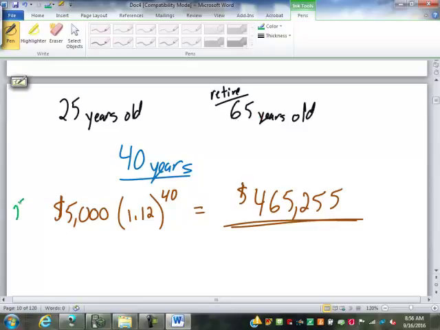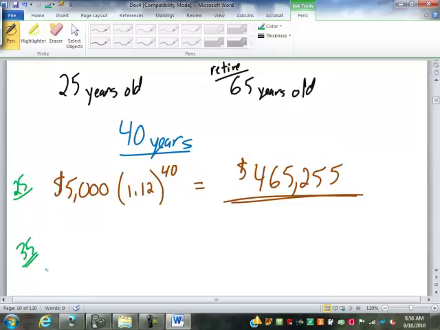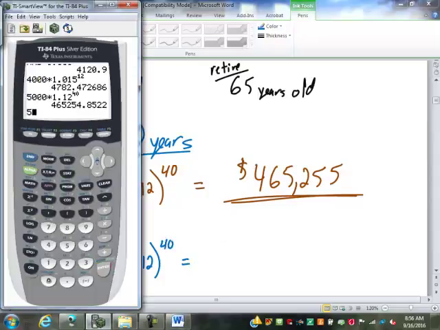This was starting at 25 here. Let's say you start at 35. You say, okay, I'm 35 years old now. Now I can think about that getting old stuff. Well, let's say you put away the same $5,000, and assuming you can still get 12% on it per year, which for 30 years you may not quite be able to do.